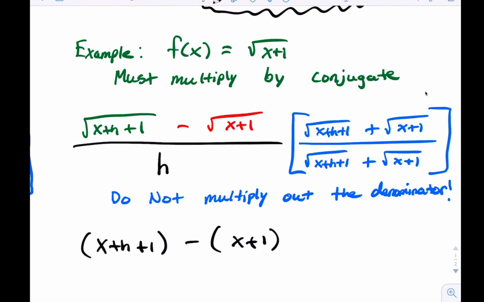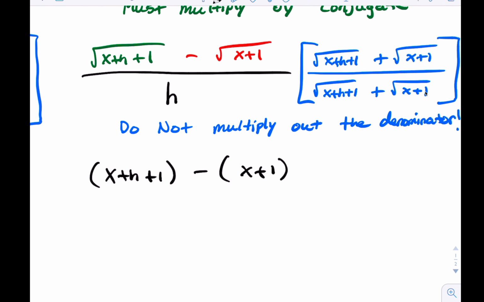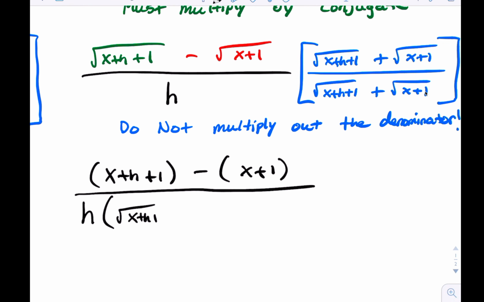The big thing you guys have to remember when you do these is you want to keep your signs straight. So that's why I recommend that you use parentheses as much as you can. And then on the bottom we have now h times the square root of x plus h plus 1 plus the square root of x plus 1, like that.